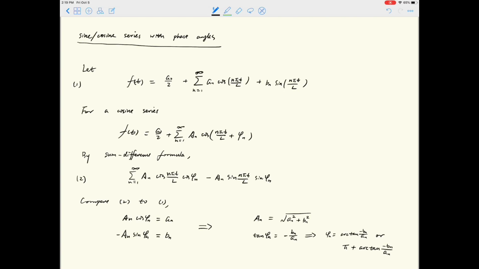because eventually you want to pick a value for phi n such that these two equations hold. That is, equation 3 holds. Pick a value for phi n such that equation 3 holds.